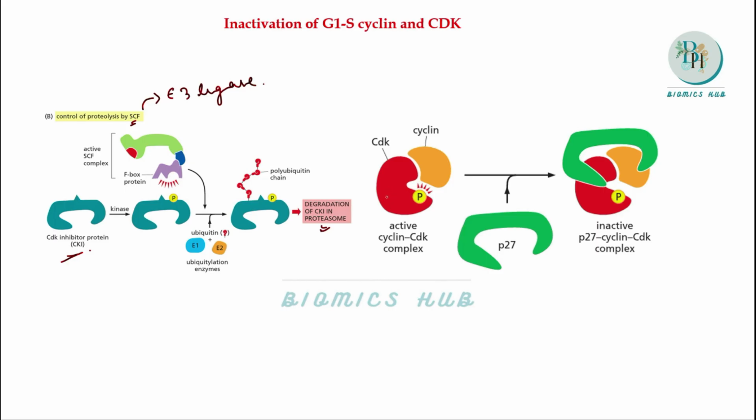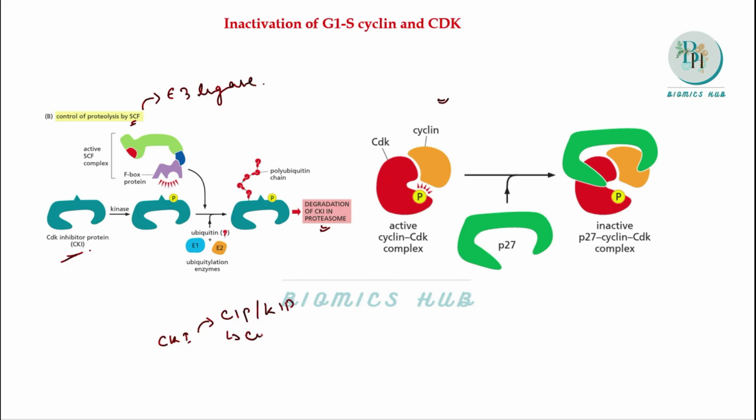It is controlling this. There are some other components like CKIs. One example of CKI is P27. The CKI which is present can be of CIP or KIP. So what is CIP?